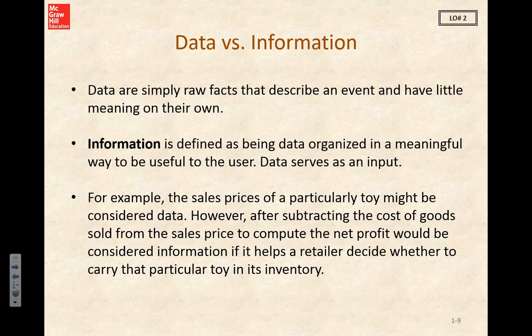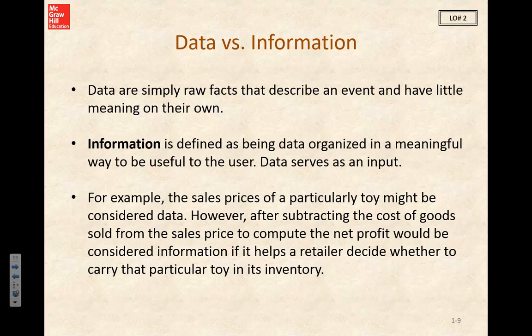So let's look more closely at data. How do we define this term data? Well, it's simply the raw facts that describe an event and have little meaning on their own. Information is defined as data organized in a meaningful way so that it can be used and serve as an input.